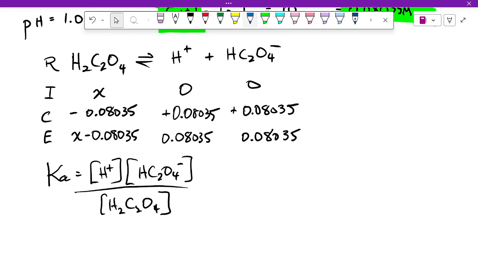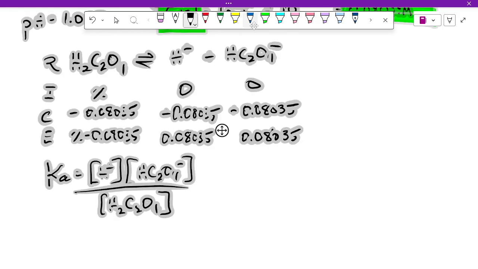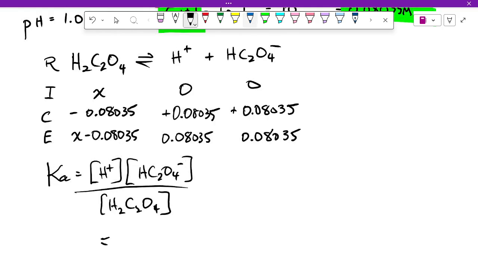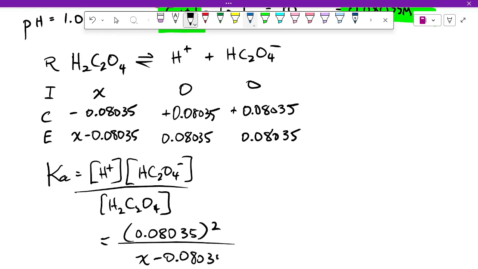What next? Well, let's start by plugging in the things that we do have. We do have these guys, right? 0.08035 squared divided by x minus 0.08035.